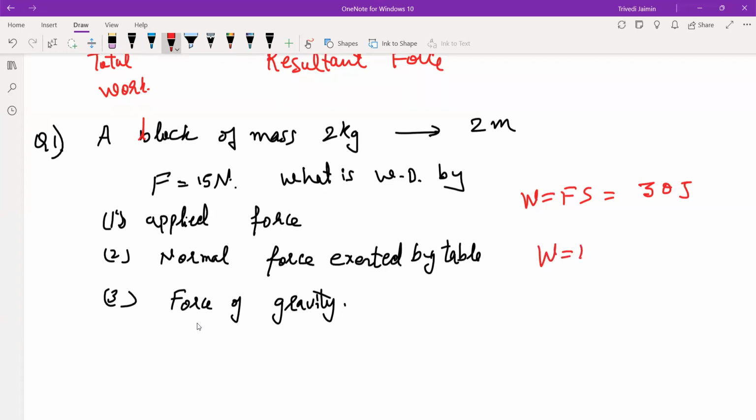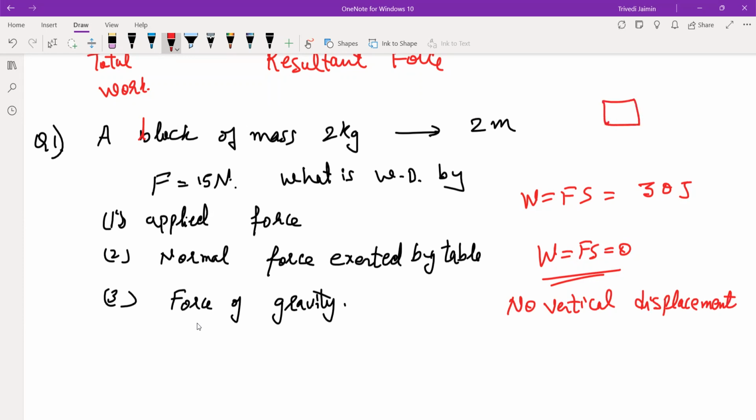Therefore, work done is 0 because there is no vertical displacement. Right? It's just moved from here to here. So normal force and this one, that is what we need to find out.